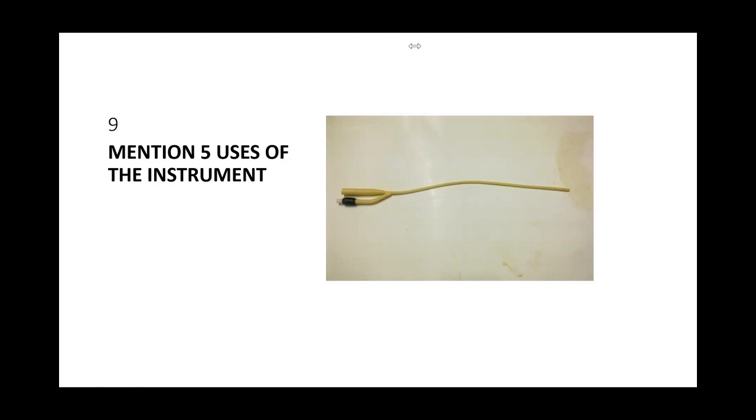Okay, generally, the uses of urethral catheters. One is to relieve urine retention, whether acute or chronic. You want to relieve retention with a urethral catheter. If relief of retention fails via catheterization, you pass a suprapubic cystostomy and pass the catheter.